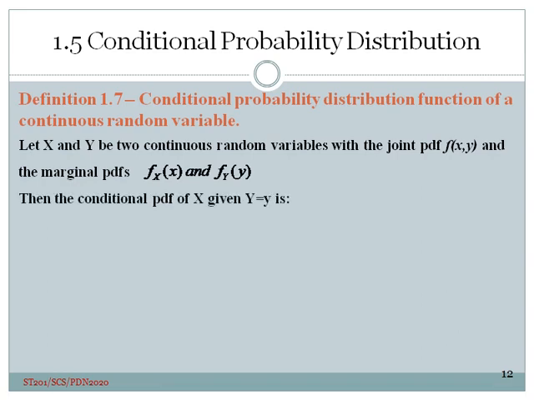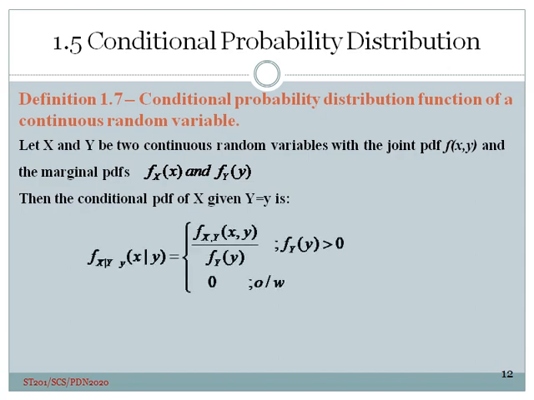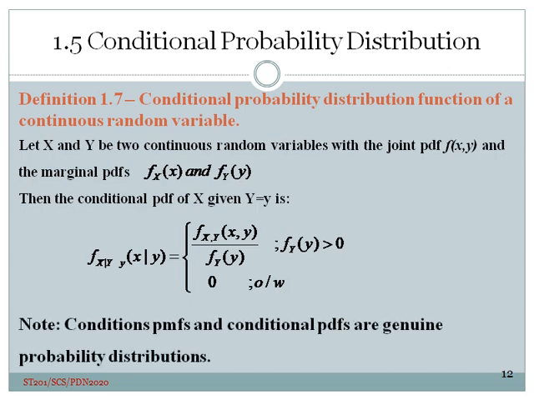Then the conditional PDF of x given y equals y can be obtained by dividing the joint PDF fxy over the given probability, that is fy, or 0 otherwise. By interchanging the values of x and y, you can find the conditional PDF of y given x. Note that conditional PMFs and conditional PDFs are genuine probability distributions.